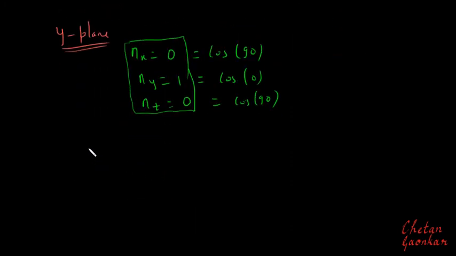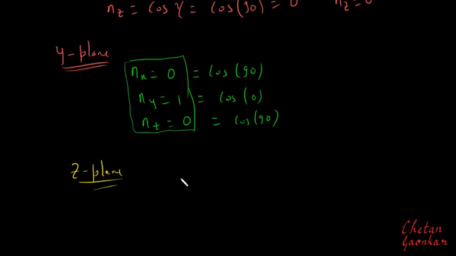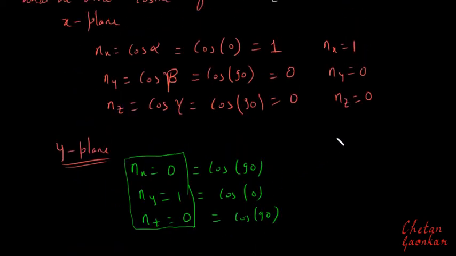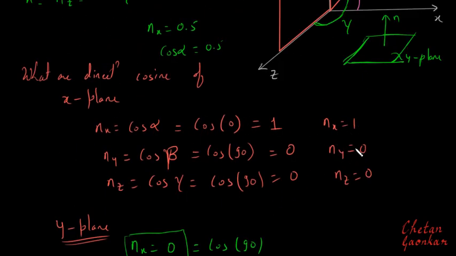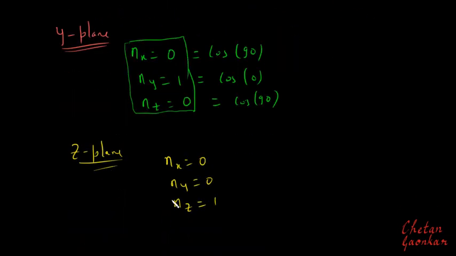Then what about the z plane? On a similar basis, you will be able to tell that for the z plane, nx will be equal to 0, ny will be equal to 0, whereas nz will be equal to 1, right? So these are the direction cosines of the x plane, y plane and z plane.